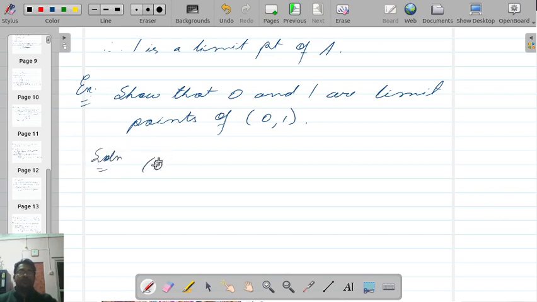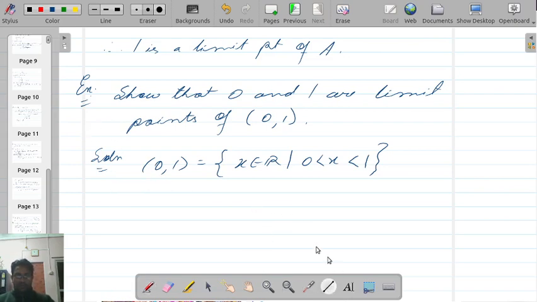Open interval 0 1 is the set of all those real numbers which satisfy 0 less than x less than 1. Okay, this is the set of all real numbers lying between 0 and 1. Right, so we'll consider one epsilon neighborhood.